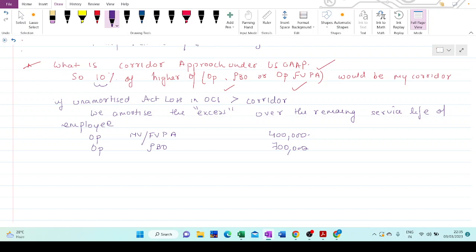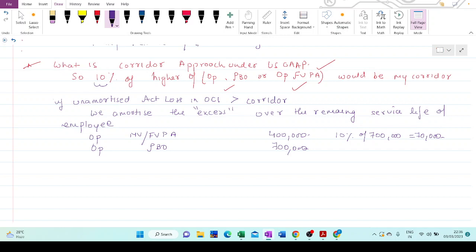So which one is larger, guys? PBO is the larger number, right? So 10% of 700,000, that is 70,000, is my corridor.